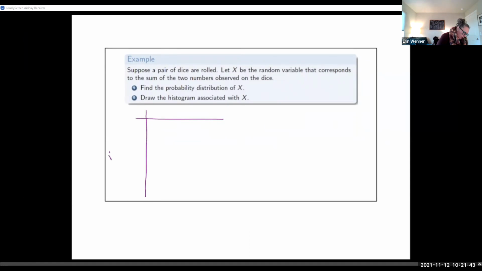So if we have our first die and our second die, we have the numbers 1, 2, 3, 4, 5, and 6. And we're going to use this table to represent the sum.